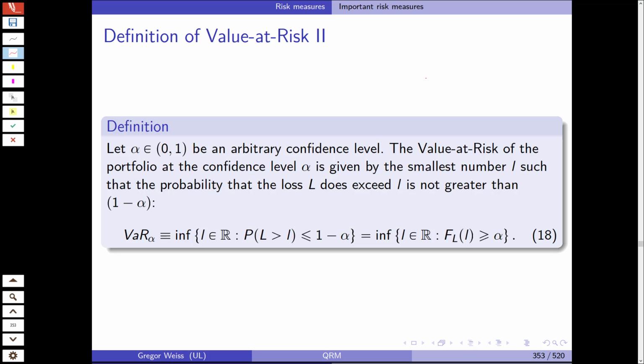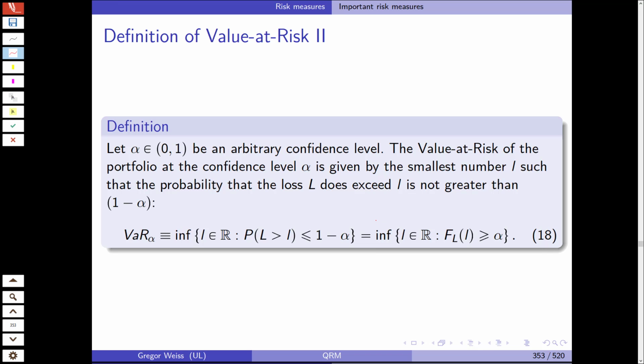The formal definition is given on this page. Let alpha be an arbitrary confidence level. The VaR of the portfolio at confidence level alpha is given by the smallest number l such that the probability that the loss L exceeds small l is not greater than 1 minus alpha.